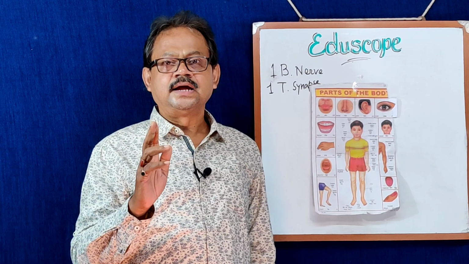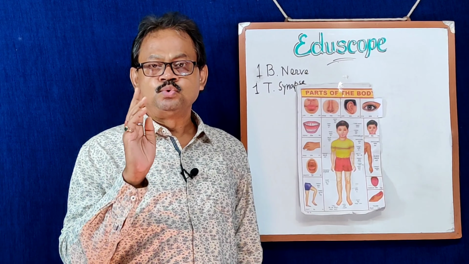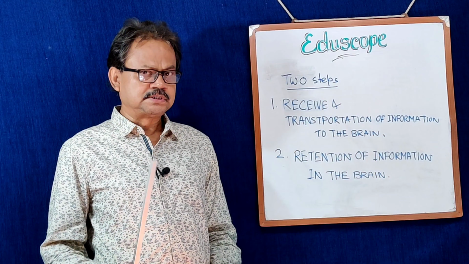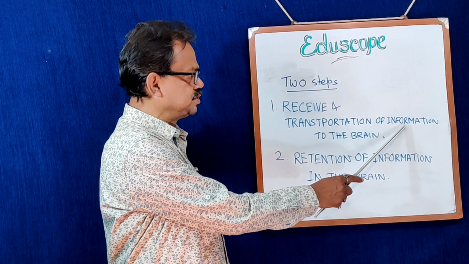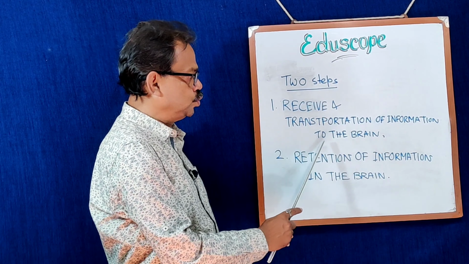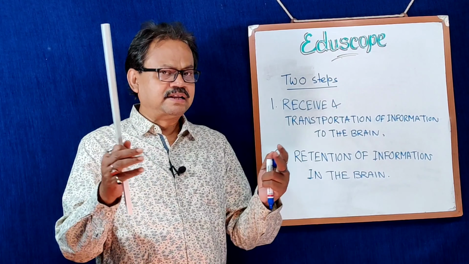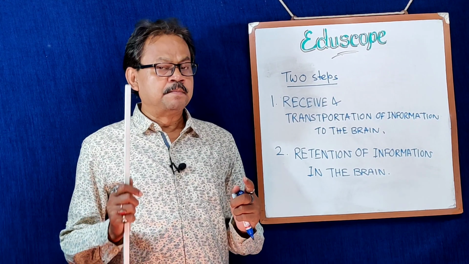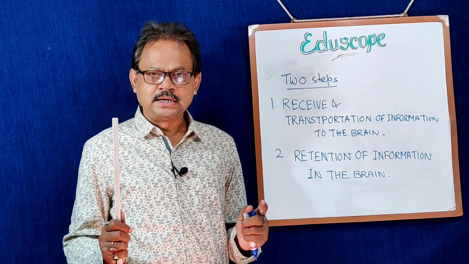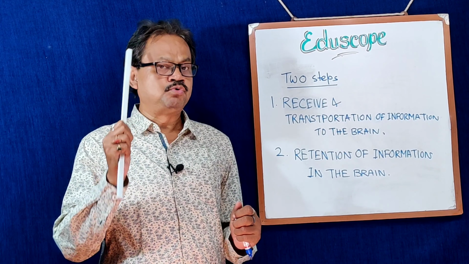So there are 2 main steps to increase our memory. Number 1, receive and transportation of information or knowledge to the brain. So what information is present surrounding us, that should be received by this sense organ and that should be transported to our brain.